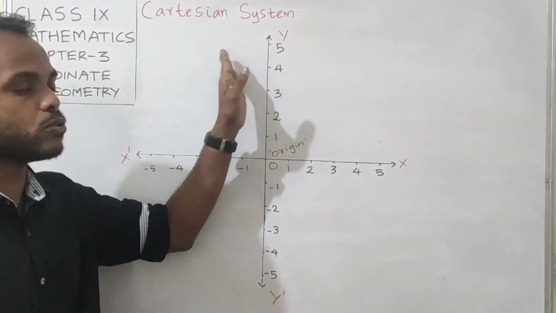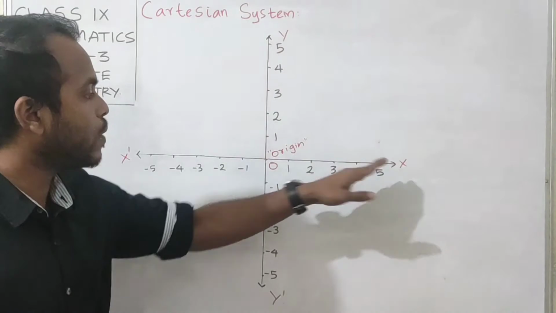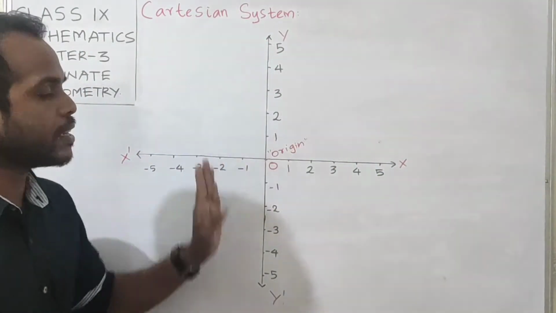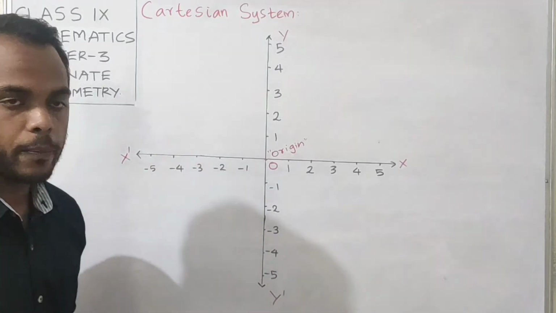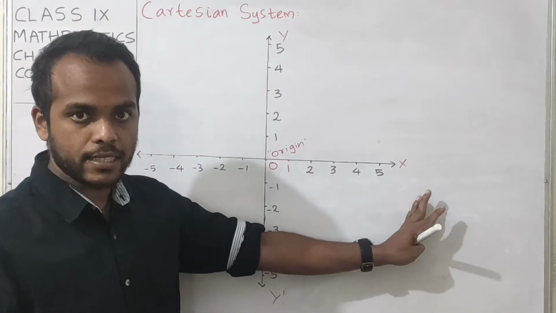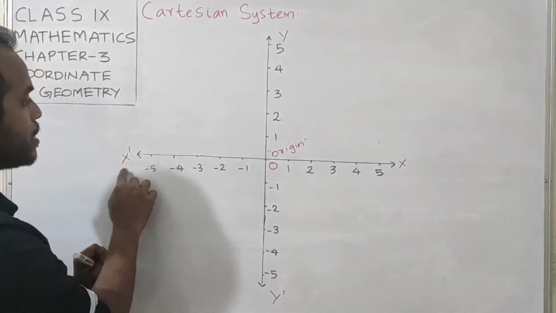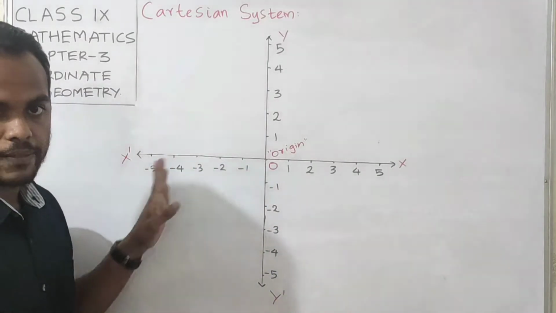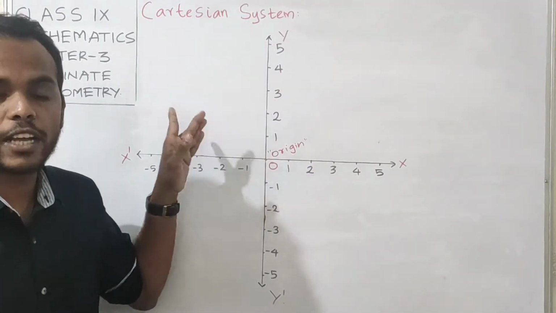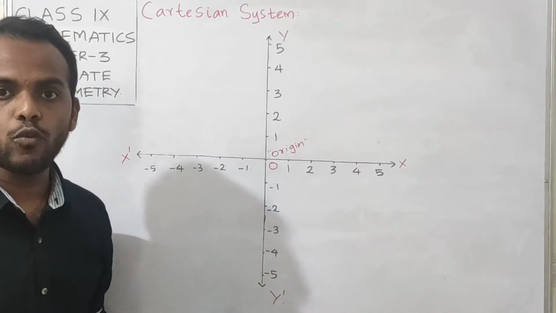To be more precise, we can call the axes positive x-axis and negative x-axis. From 0 to x dash we call the negative x-axis. Then 0 to this positive direction we call the positive y-axis. And here, the negative y-axis.